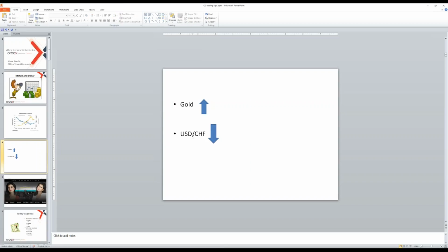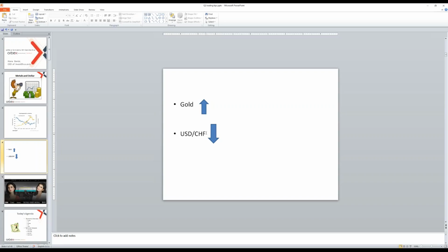That means we're getting weaker US dollar because gold prices are getting stronger, and a stronger Swiss franc, which will ultimately push this pair down.